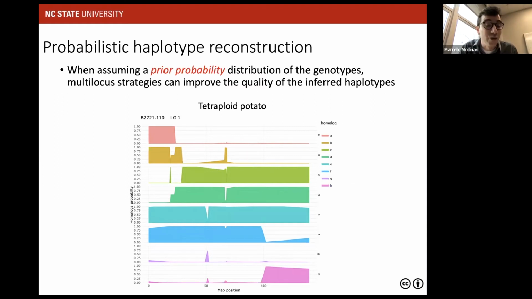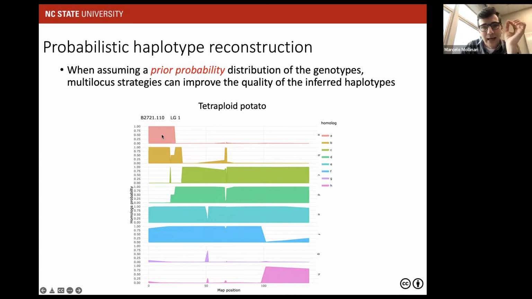And even you need to do some filtering, of course, but in a polyploid, the filtering is much heavier. And if you want to use your data set to the maximum, what you need to do is use a hidden Markov model, or some way to combine the information in the whole population. And you can reconstruct the haplotypes of each one of the individuals in your offspring.